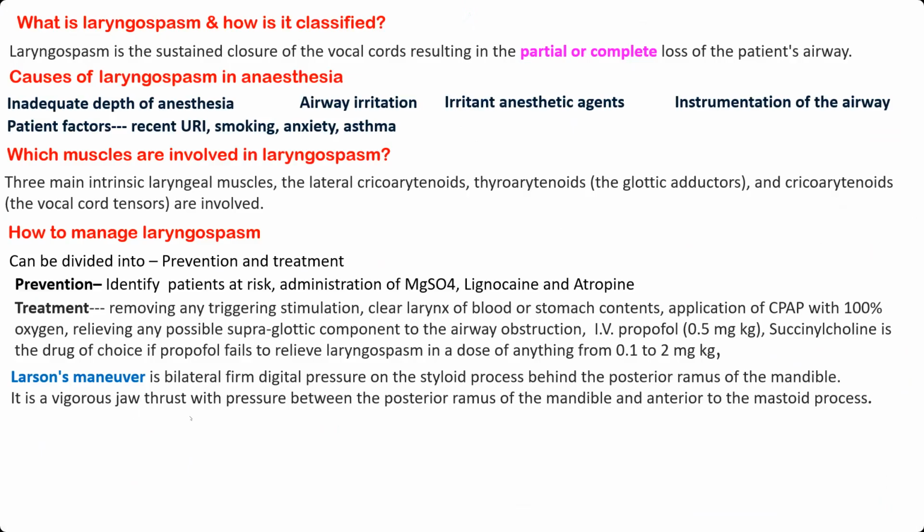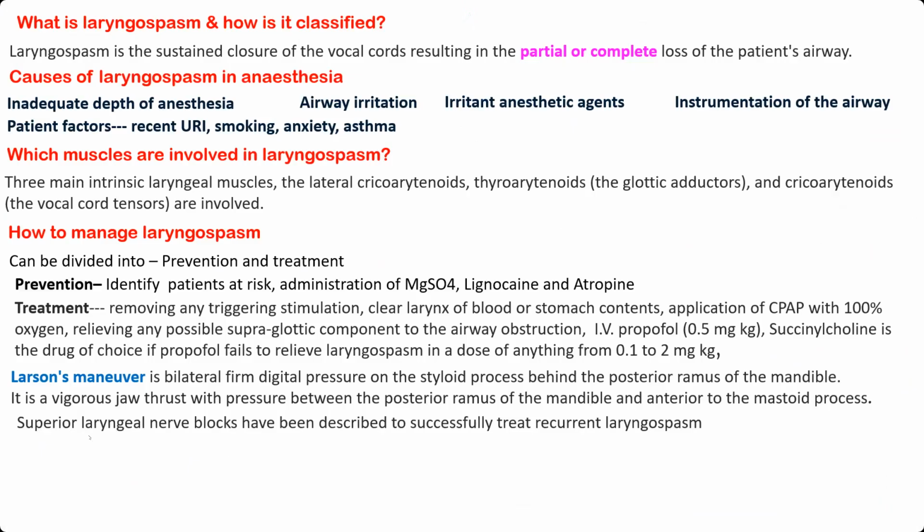It's a vigorous jaw thrust that presses between the posterior ramus and the anterior mastoid process, more like an effective jaw thrust. Superior laryngeal nerve blocks also have been described for that to abolish the sensation. And what is Brewer-Luckhardt syndrome or reflex?